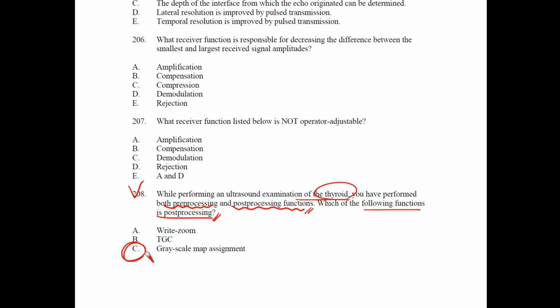You can consider C as the correct answer for this one. Remember that techniques like rearranging the grayscale map are related to post-processing. In the frozen image state, this technique rearranges the grayscale to make masses or lesions stand out more clearly. So, through this question, you can see that grayscale map assignment is a post-processing method.